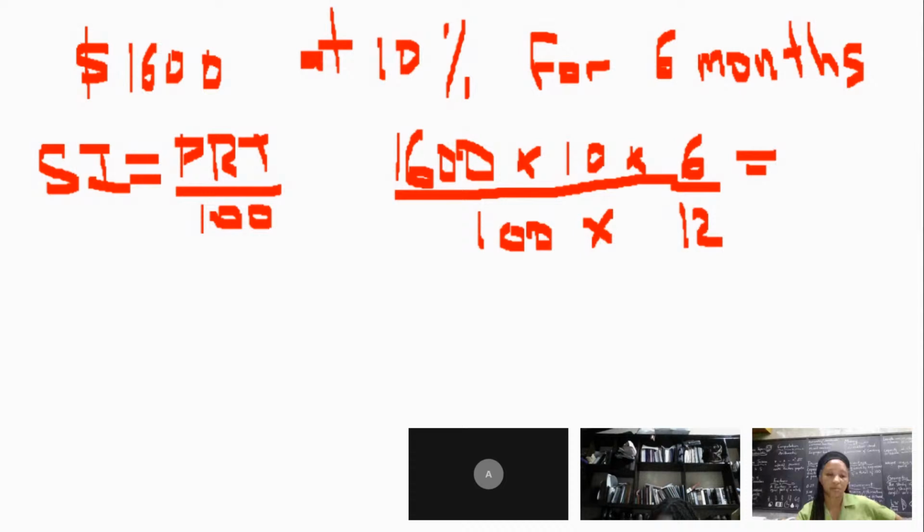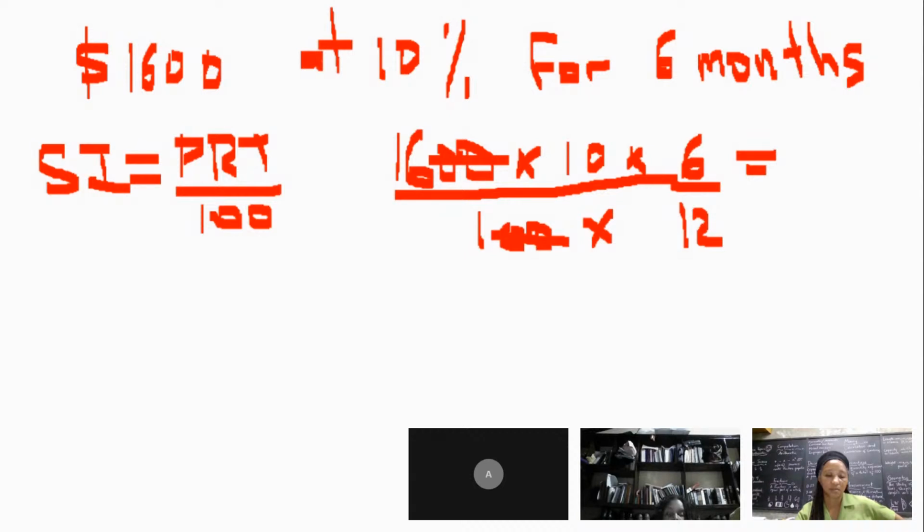Okay, Miss. So 1,600 into 100. All right, so we can cancel the zeros. Yes, Miss, that goes 16.